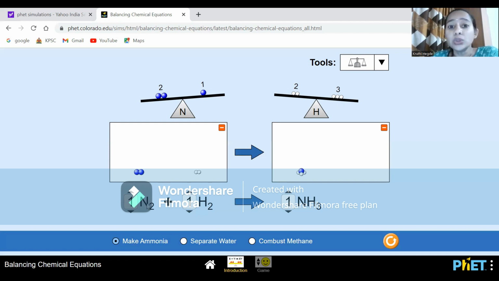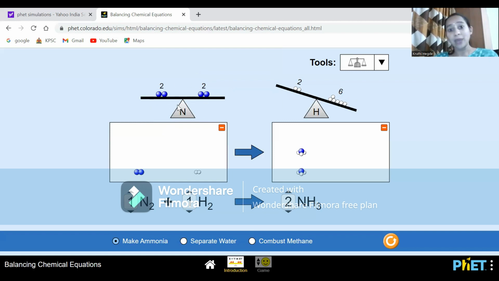So we need to use the trial and error method in order to balance it. First, let us try to balance nitrogen. Nitrogen on the reactant side is already 2, on the product side is 1. So let's balance it. On the product side, let us make it 2. So nitrogen is balanced here. On both sides, it has become 2.